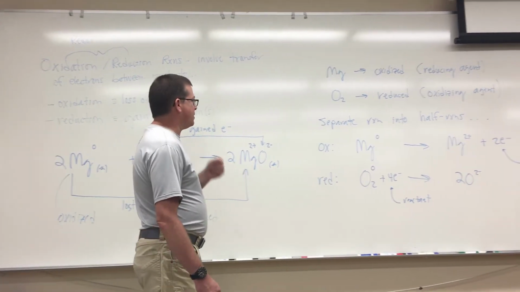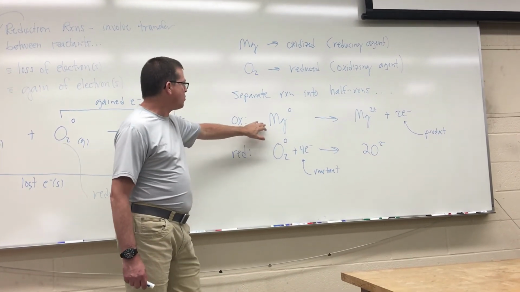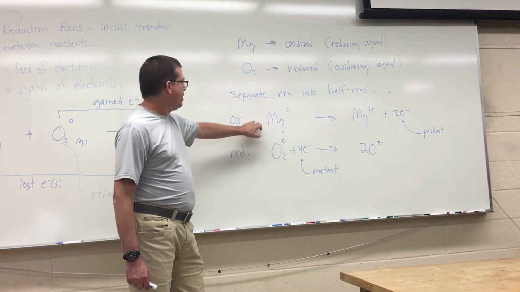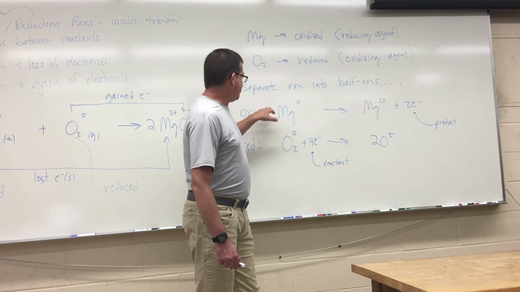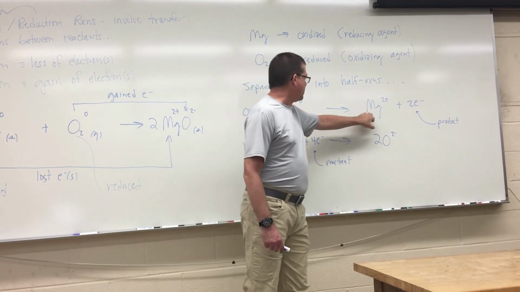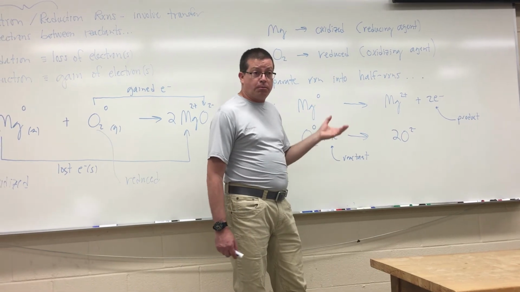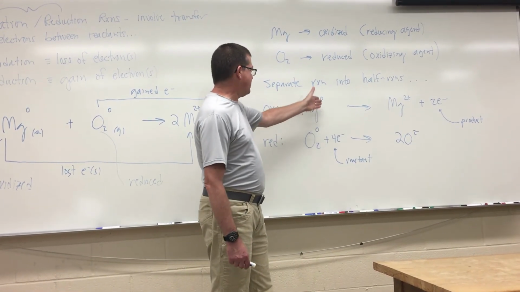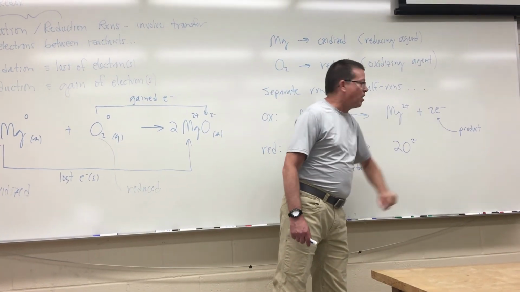So from the magnesium side, again, just summarizing what we said before, I can write a half reaction here just in terms of the magnesium. Now, for my reaction on the left over here, we saw that magnesium lost 2 electrons to become magnesium ion. So we're going to put those electrons in there as either reactants or products. Now, since the magnesium gave up the electrons, I'm going to put them in here as products.